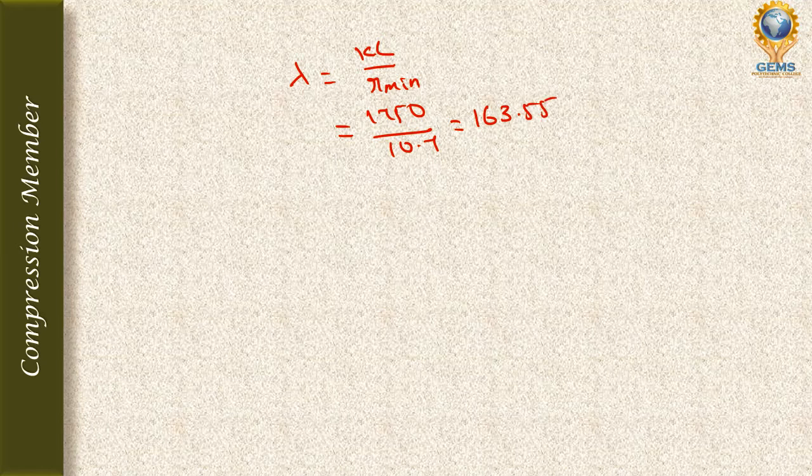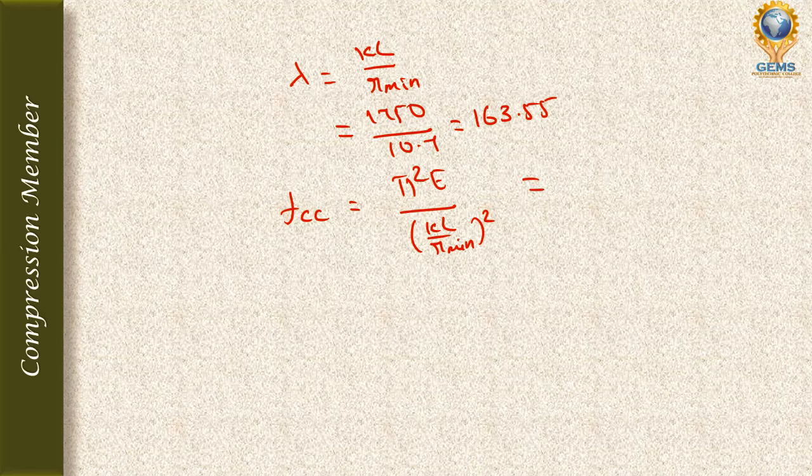So slenderness ratio is KL by R minimum, that is 1750 by 10.7, which is equal to 163.55. This is the lambda. Now that we have lambda, we go to FCC, pi square E by (KL by R minimum) whole square.